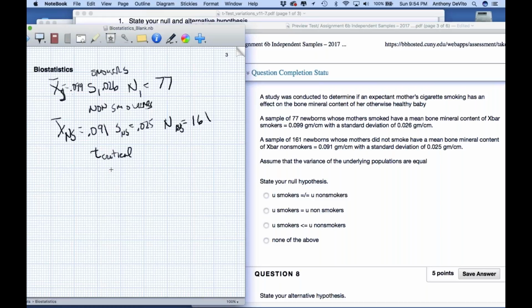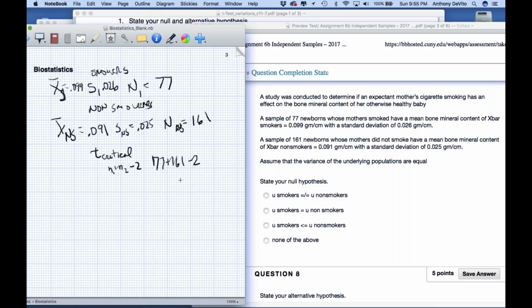Well, as it turns out, in this particular instance, where we're doing a two-sample t-test with equal variances, the degrees of freedom is equal to n1 plus n2 minus 2, which would be 77 plus 161 minus 2.